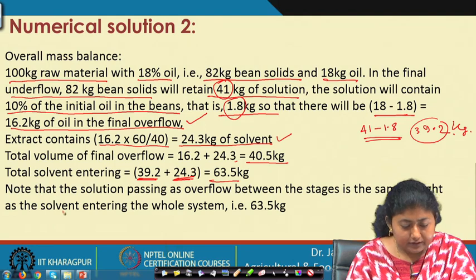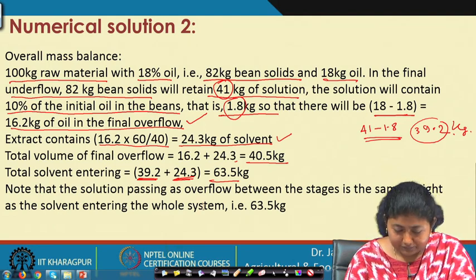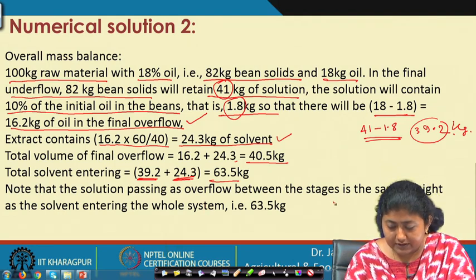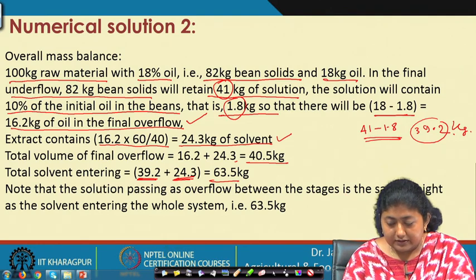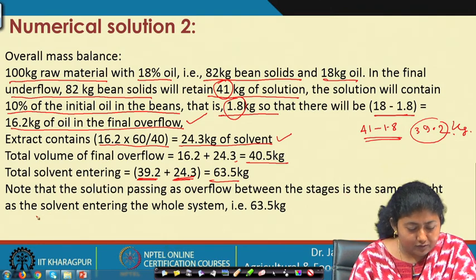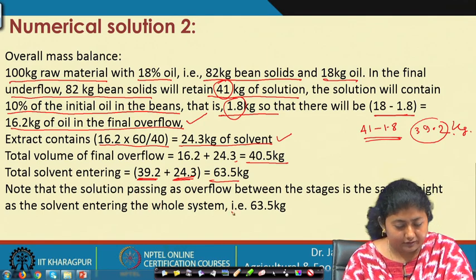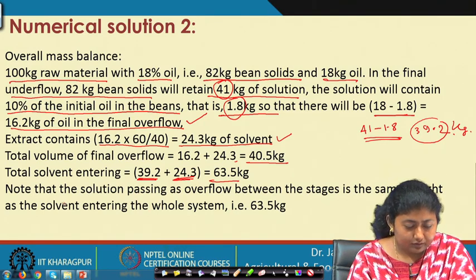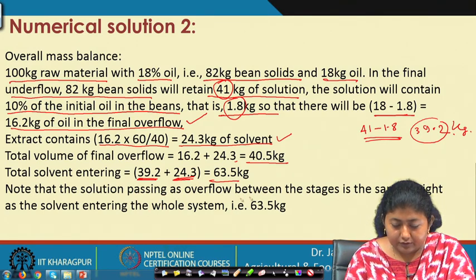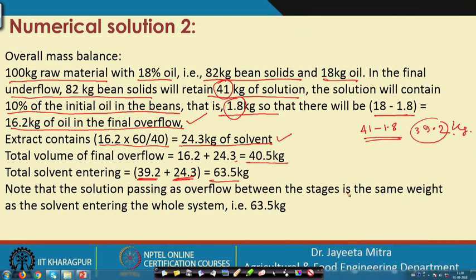Now, note that the solution passing as overflow between the stages is the same weight as the solvent entering the whole system. So, that is 63.5. Now, we have to see what is happening in all the stages.